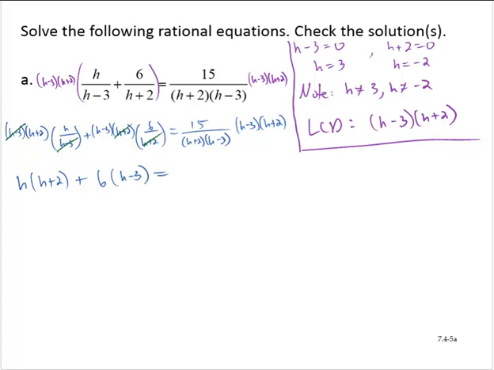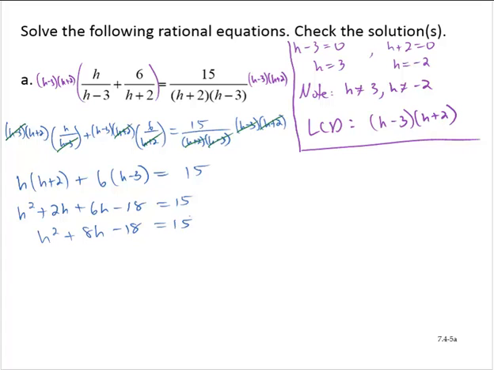On the right-hand side, both of the factors reduce out, leaving just 15. Alright, so now let's continue to simplify this. We have h squared plus 2h plus 6h minus 18 is equal to 15. So h squared plus 8h minus 18 is equal to 15.